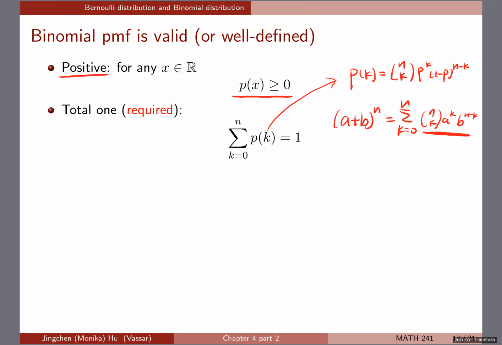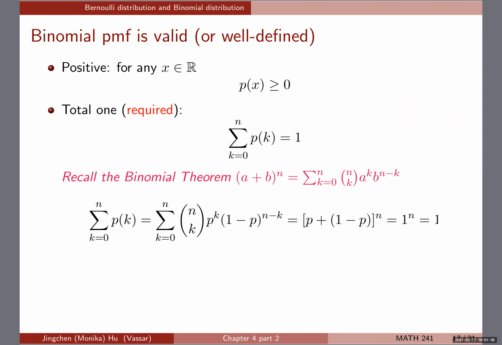I bring back the binomial theorem because even back in chapter 1, we saw exercises in homework where, if you're trying to show certain results, you pick your a and b wisely and get really interesting results. Here it's actually picked for us, because p is a and 1 minus p is b. So we can use the result to show this total 1 result here.